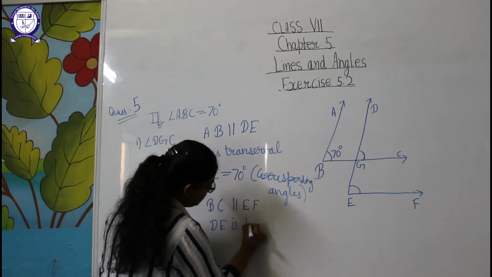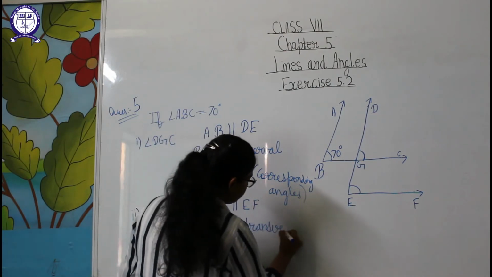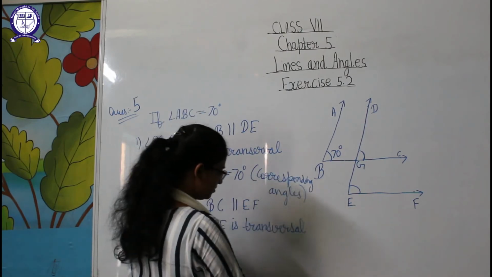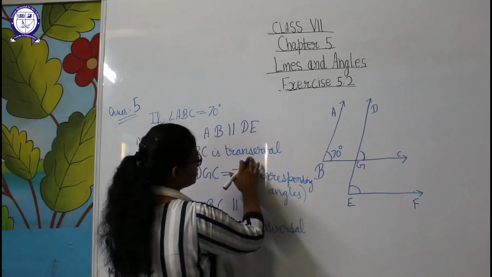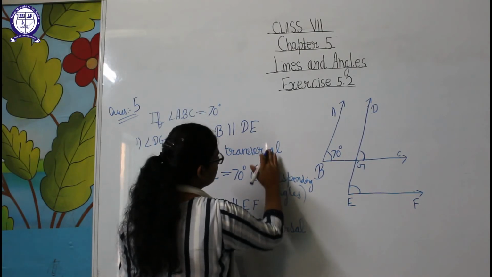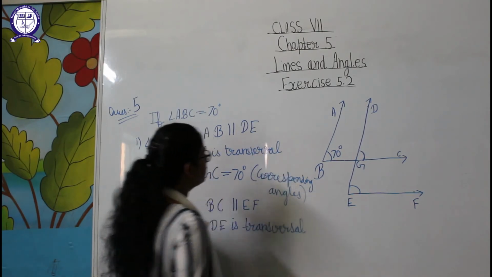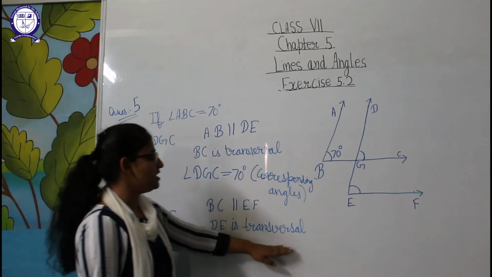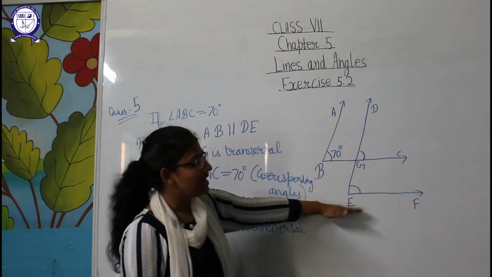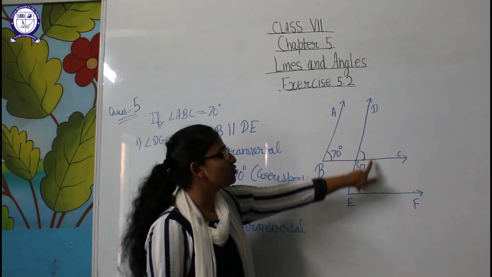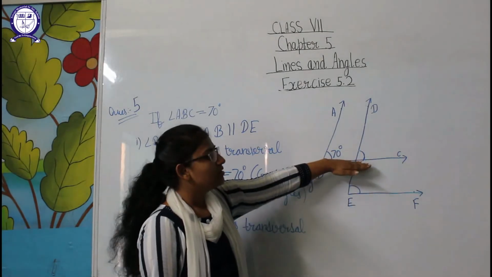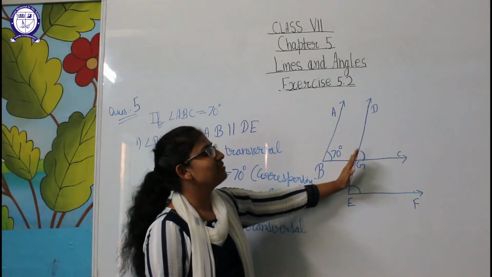DE is transversal. Okay, if DE is transversal, so these two are parallel lines and this is transversal, so these two are also corresponding angles because they are on the upper side of the parallel lines and also they are on the same side of transversal.